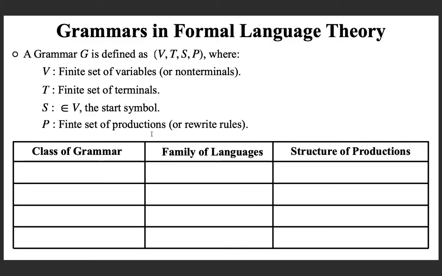Let us recollect the classes of grammars that we discussed. The first is regular, or type 3. Regular grammars are also called type 3 grammars in the Chomsky hierarchy, and the family of languages represented by them is regular languages. The structure of a production in a regular grammar is a variable in the LHS and, in the RHS, a terminal string followed by a variable.